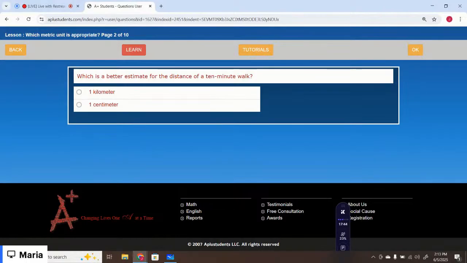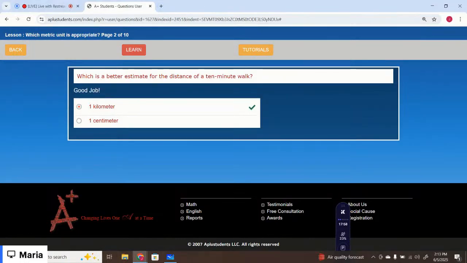Which is a better estimate for the distance of a 10-minute walk? Which is the correct option? A 10-minute walk would be 1 kilometer because 1 centimeter is too short. So option number one is the correct option.